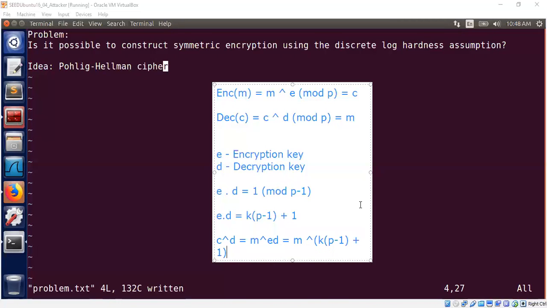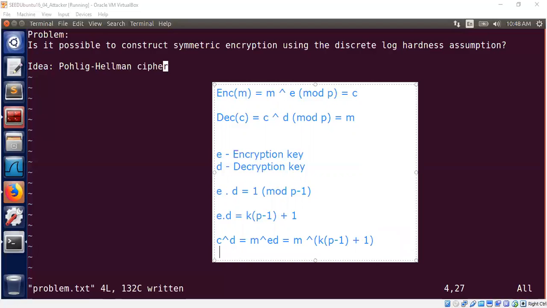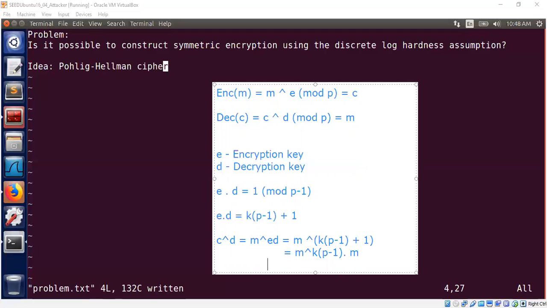That's basically the meaning of E times D. Now we can rewrite this a little bit using the properties of exponents into M times M to the power (P minus 1), and for that we can apply the exponent K.